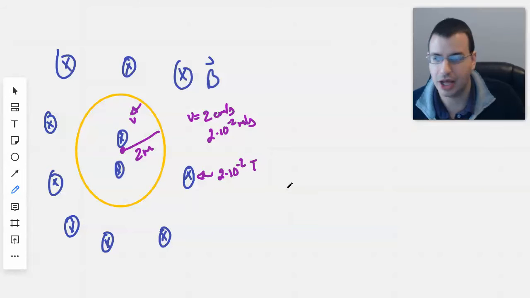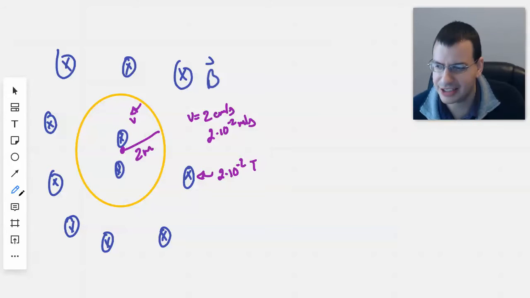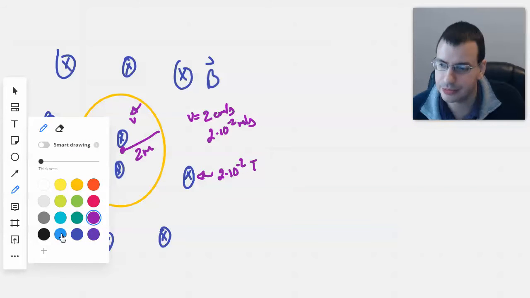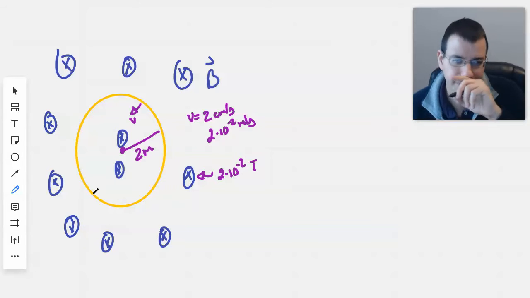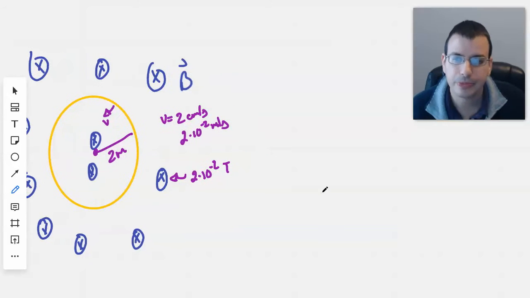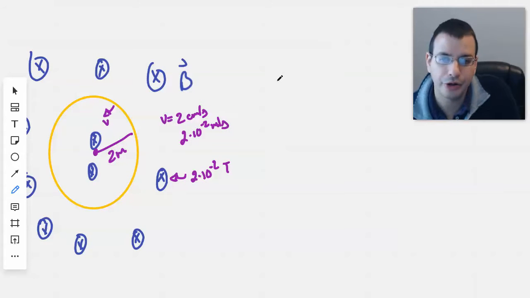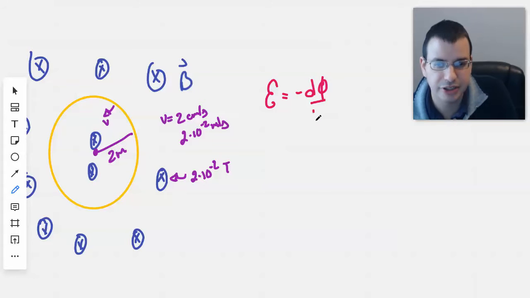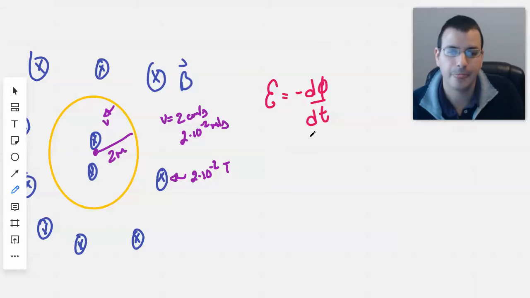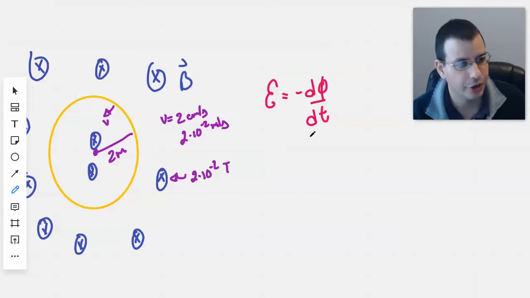The way I do a lot of these problems, they all kind of have a similar rhythm to them. So you'll start with EMF equals negative d flux dt. And the first thing you want to know is which direction is the flux going.